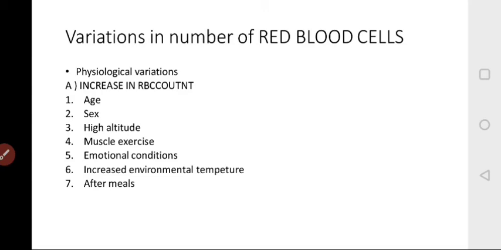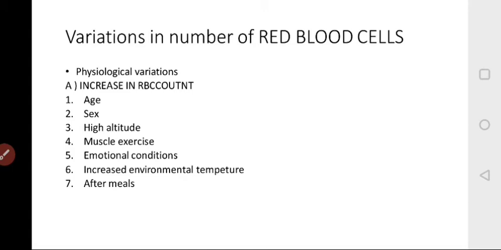Third, high altitude. Inhabitants of mountains above 10,000 feet from mean sea level have an increased RBC count of more than 7 million per cubic mm. It is due to hypoxia, that is due to decreased supply of oxygen to the tissues.